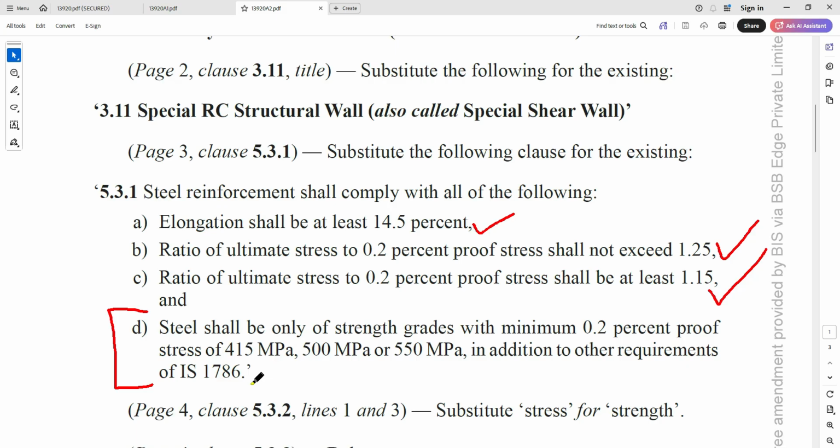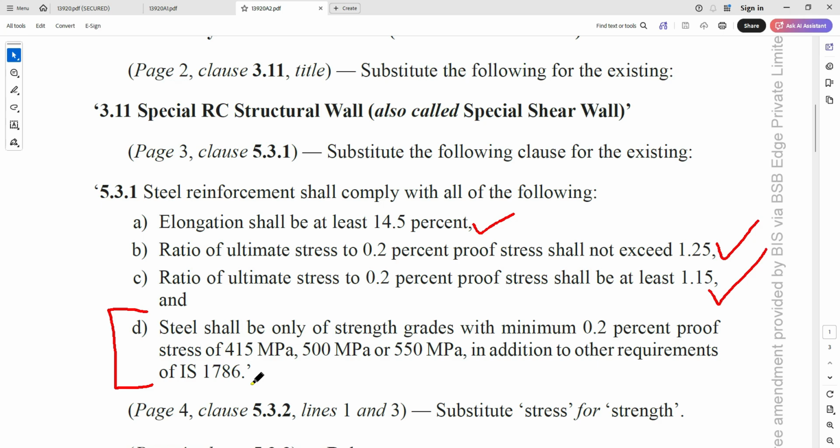So we have to keep in mind that 1786 now gives us the difference between 550 and 550D or 500 and 500D and 415, 415D or even there is an S, specific seismic reinforcement.